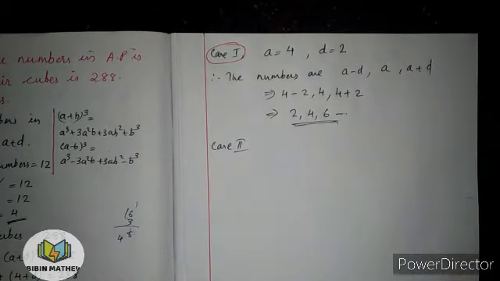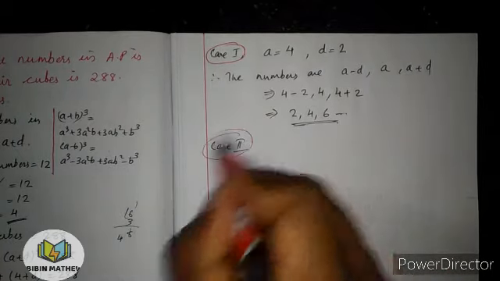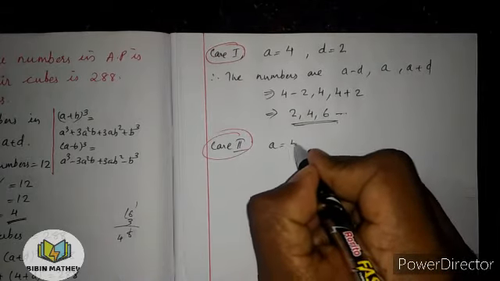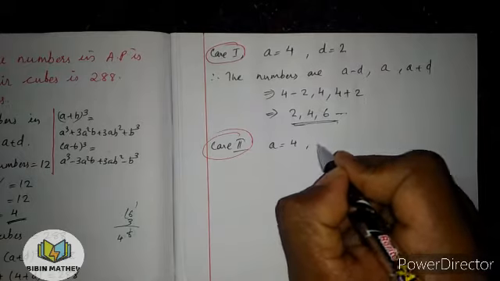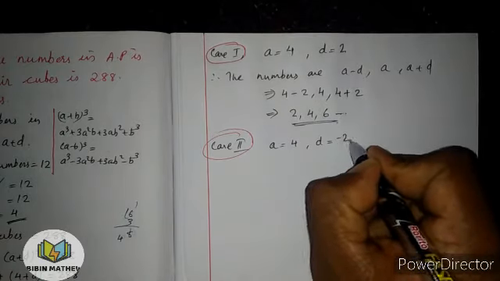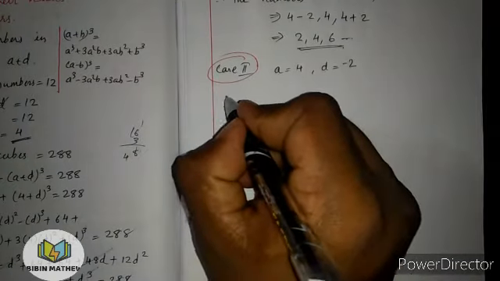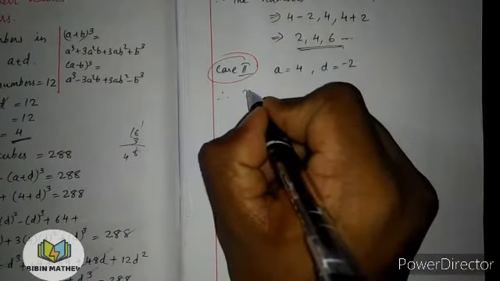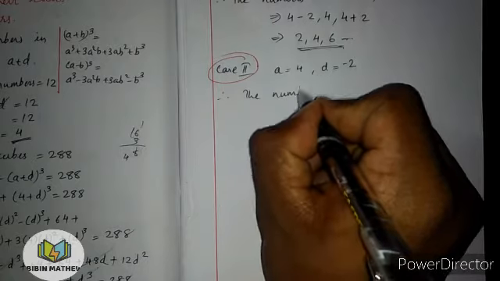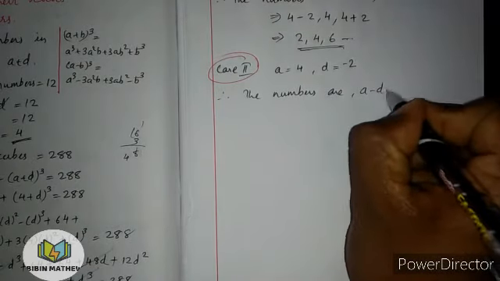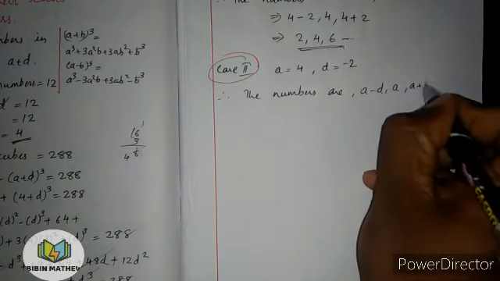Case 2. What about the second case? Here you can see the first term is the same itself, 4, and here the common difference can be minus 2 also. We got it here, it can be minus 2. Second case, let us see. Here also, therefore, the numbers are again a minus d, a, a plus d.